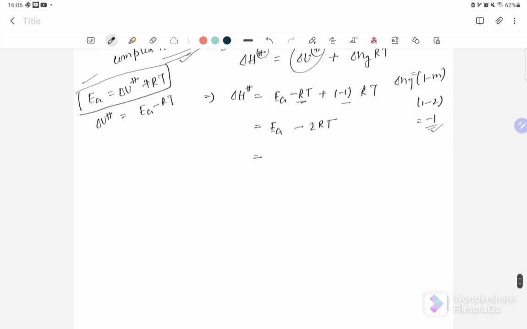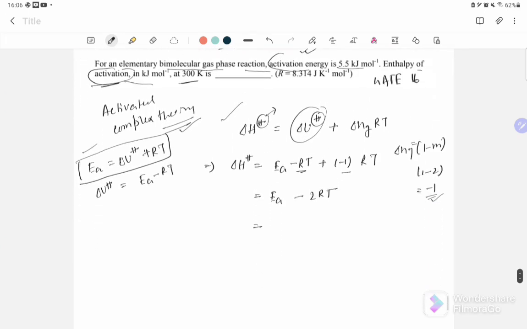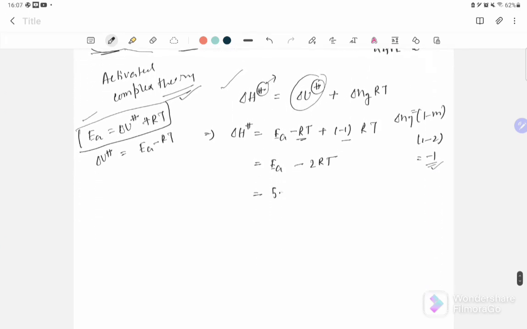Ea is given, 5.5 kilojoule per mole, so 5.5 into 10 to the power 3 joule per mole minus 2 into 8.314 into 300.